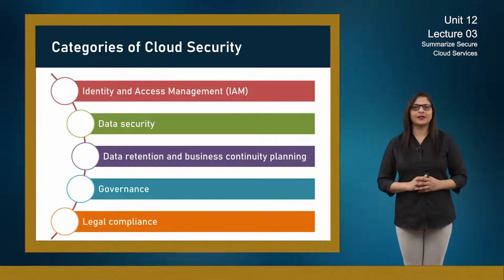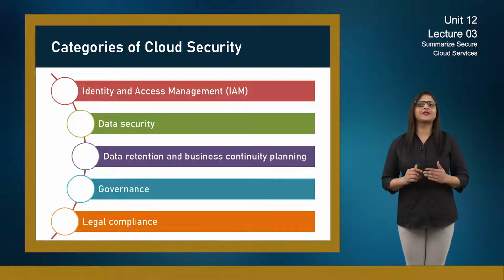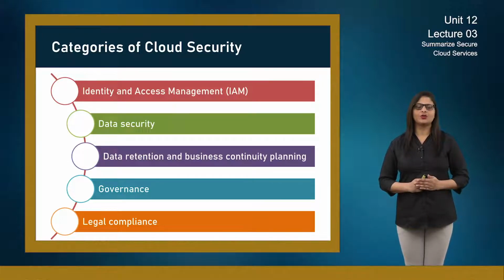The third one is data retention and business continuity planning. It involves technical disaster recovery measures in case of data loss. Central to any data retention and business continuity plan are the methods for data redundancy, like backups.